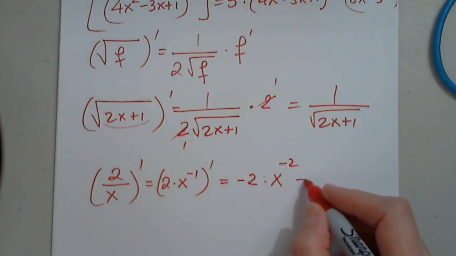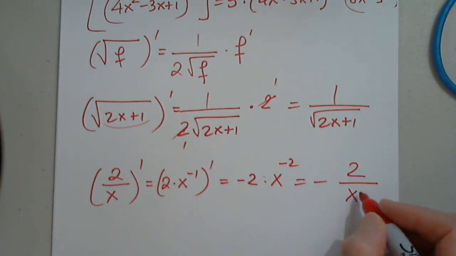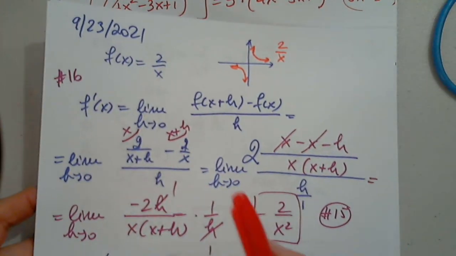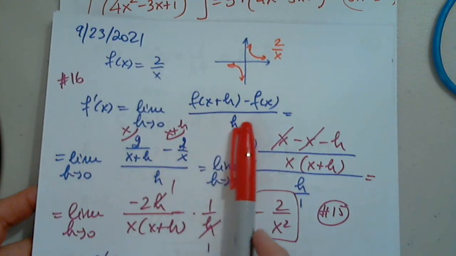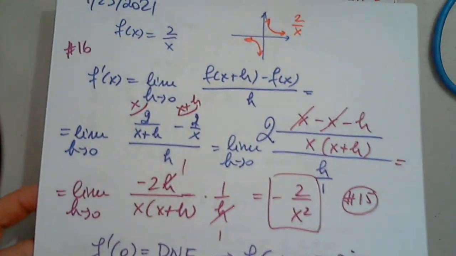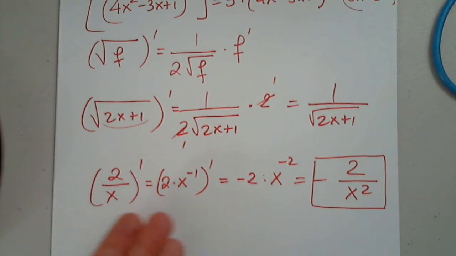That's it. And just rewrite it back into the no negative exponents form. But we had a much longer process because we were asked to use the limit of the difference quotient. And look, it took us 3 rows. And this is just straightforward now.